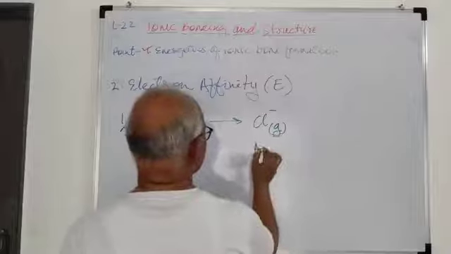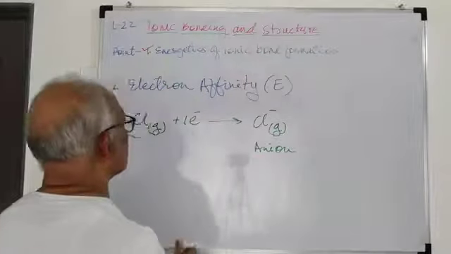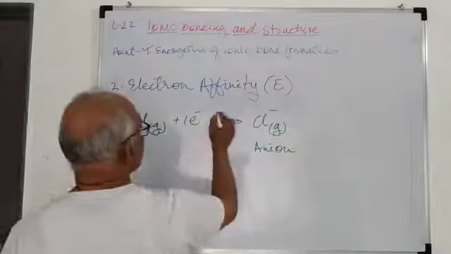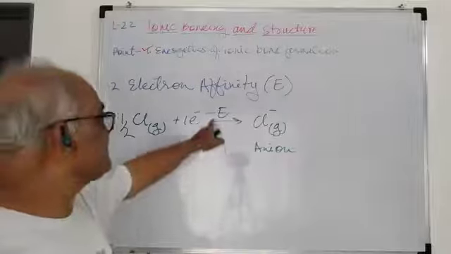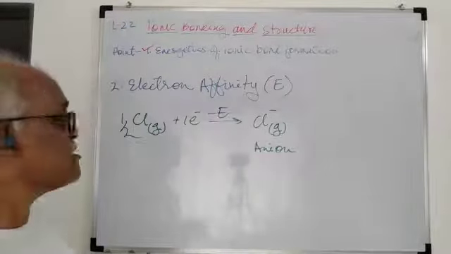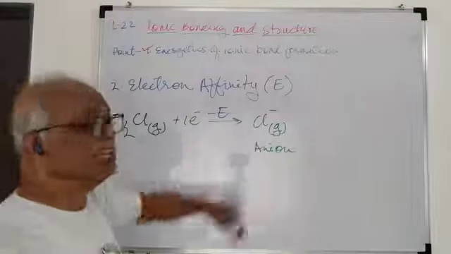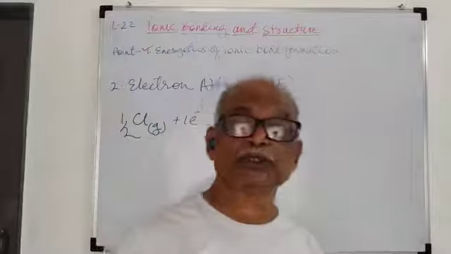That is, it forms an anion. During this formation of anion, the energy E is lost, so it is represented by -E. So this is called electron affinity.